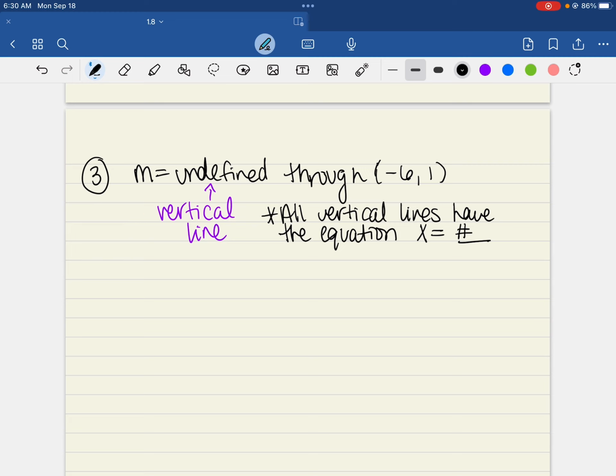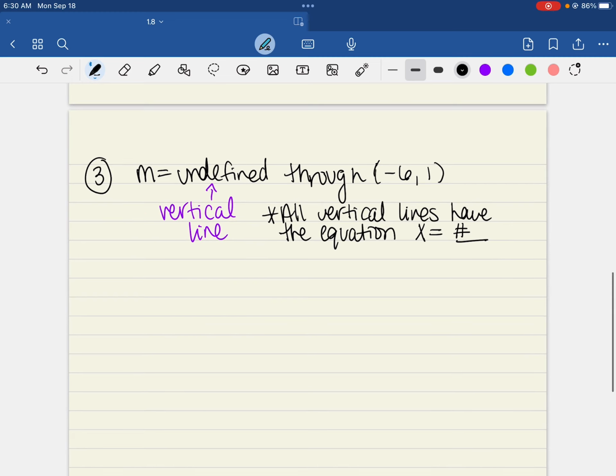Now, the reality is if I substitute into point slope, I'm going to have y minus y1 equals undefined times x minus a -6. How do we multiply by undefined? That doesn't make any sense. So it doesn't even make sense to substitute in that scenario.